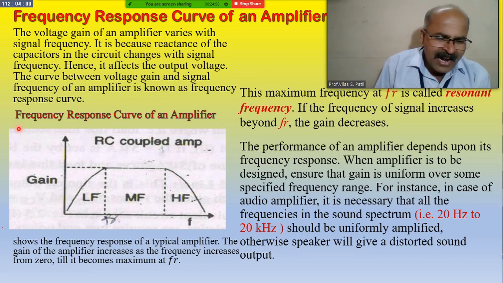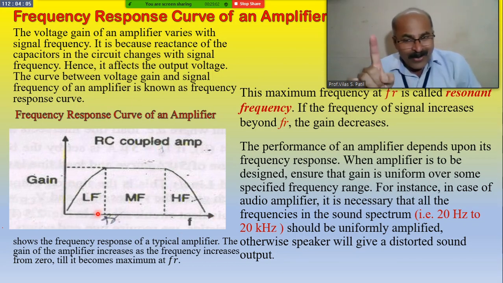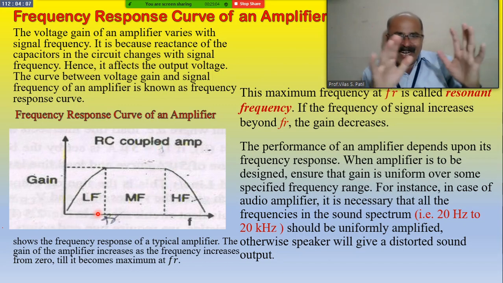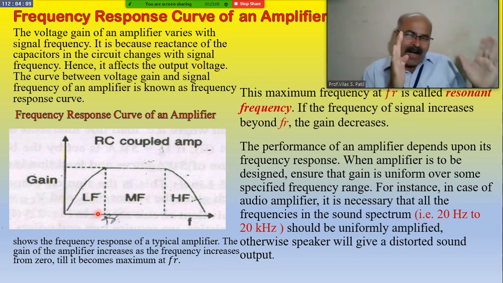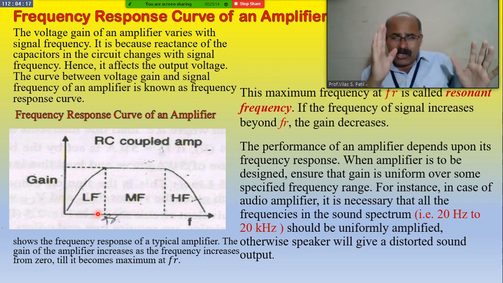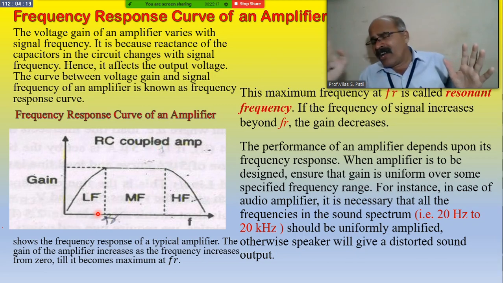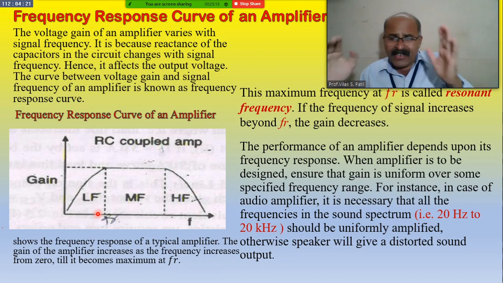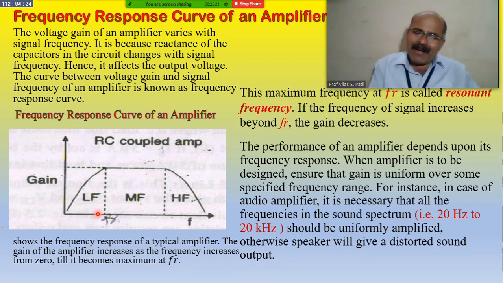This means that the frequency response curve will be divided into three parts. In one part the voltage gain increases with respect to frequency, that will be the lower frequency band. The voltage gain will be constant over a frequency range, and that band will be known as the medium band.